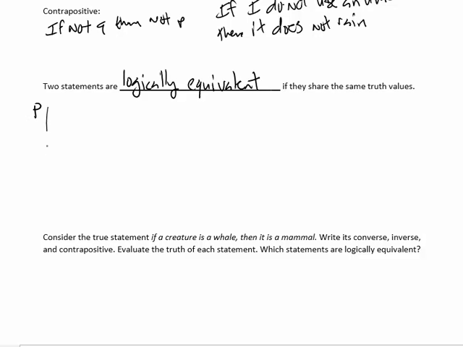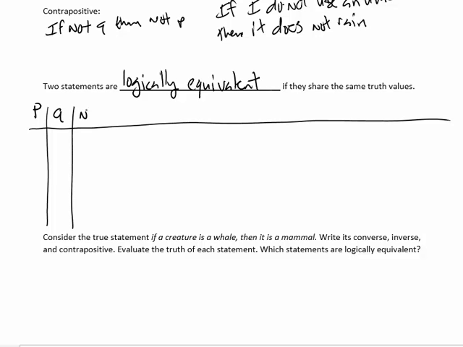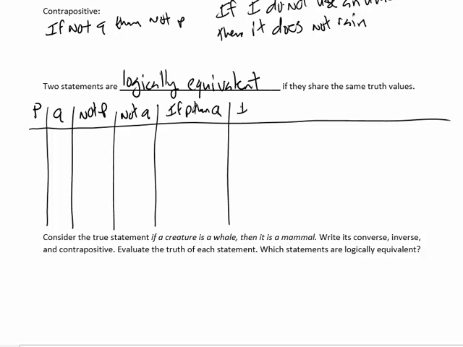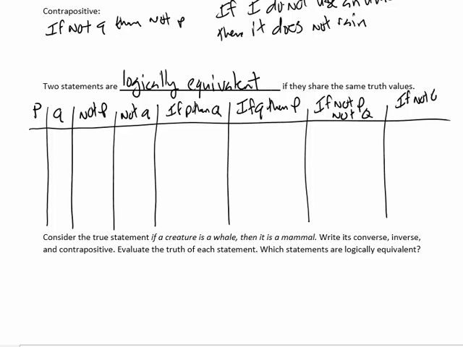So we got P, Q, not P, not Q. Then we're going to go through the four different statements: if P then Q, if Q then P, if not P then not Q, and if not Q then not P. Okay, so let me outline the different possibilities here.